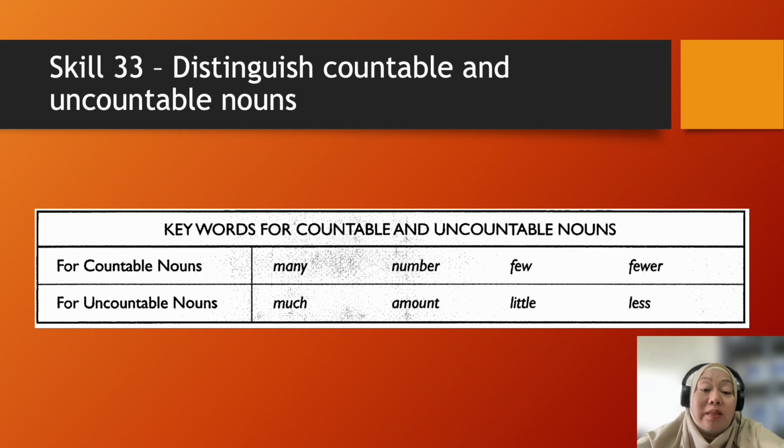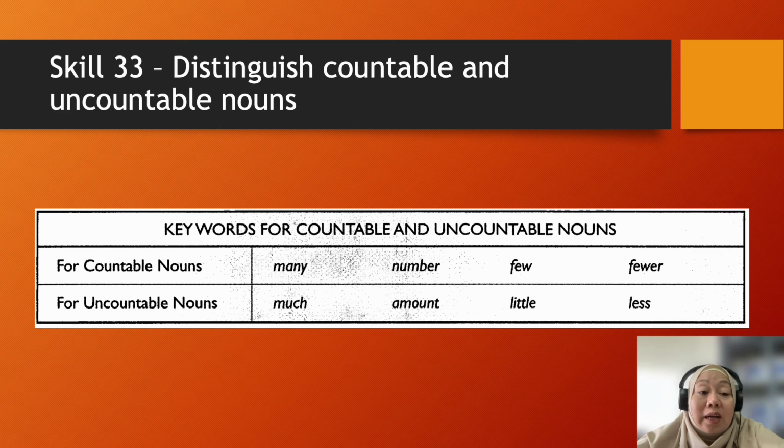So, for example, we say many tables in the school, a number of students in the class, few students, and fewer students. Yeah, when there are just a very, very small number of students coming up.